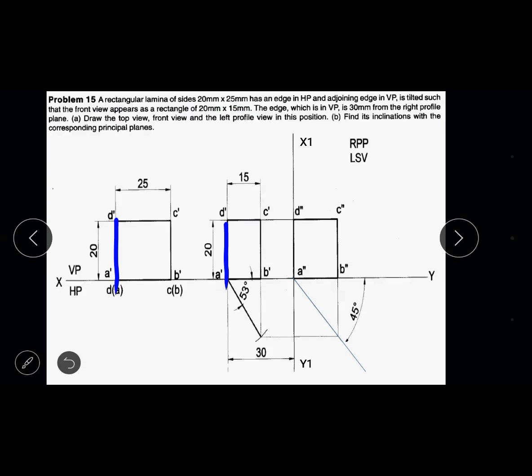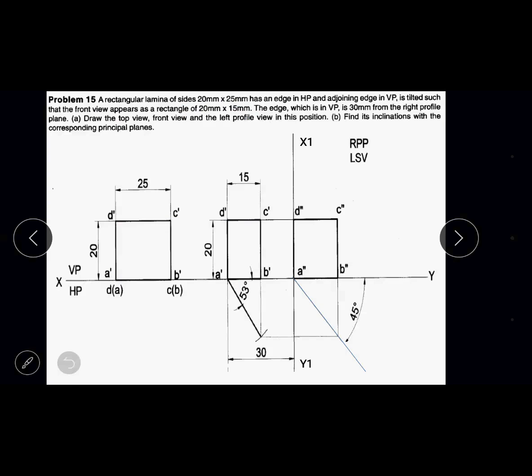Out of the two dimensions, 20 and 15, 20 is the matching dimension. If you use 20, then only you will get a rectangle of 20 into 15. If you use 25 instead of 20, then you will not get it. Therefore you should go for shorter edge resting.